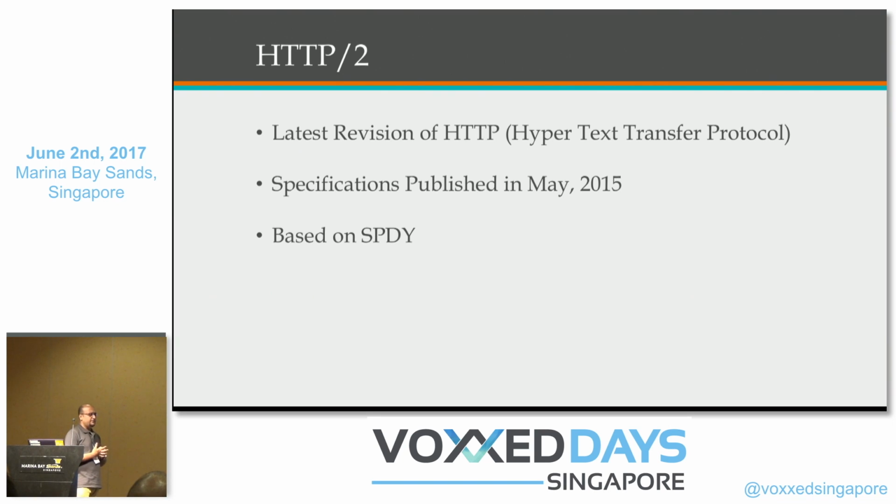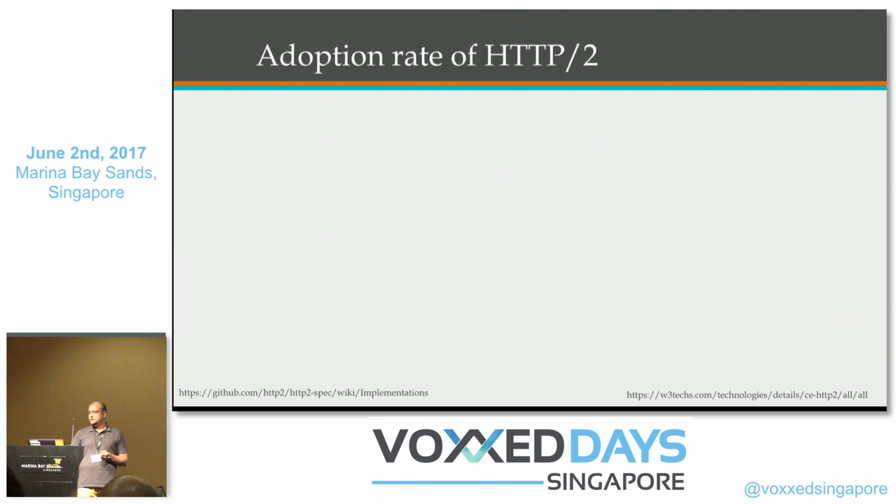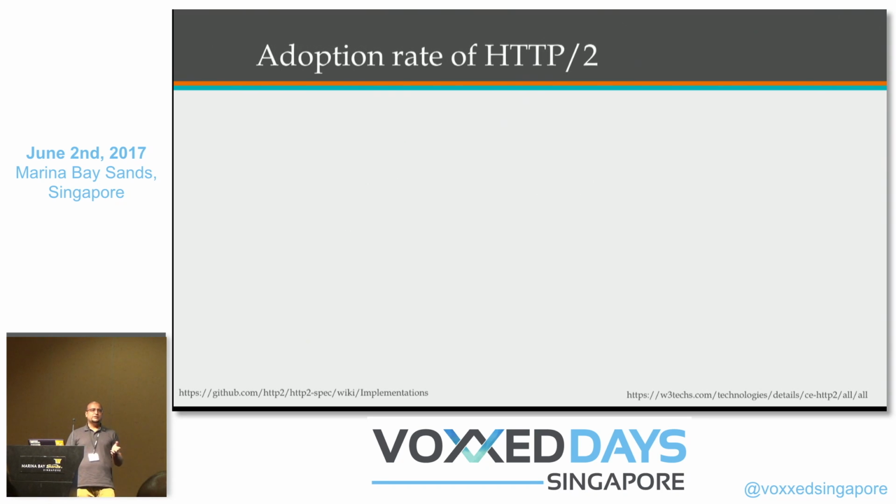HTTP2 is largely based on the work Google did prior to it in the SPDY protocol, and the specifications were published 2 years ago in May 2015. It was only last year, 2016, that people started talking about it.